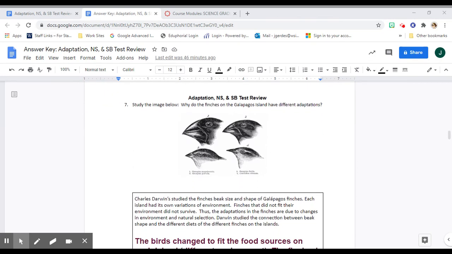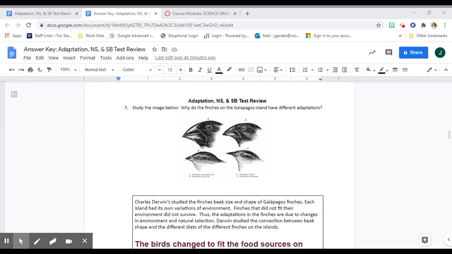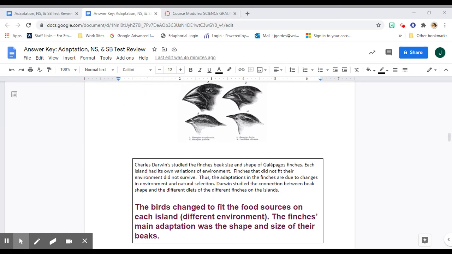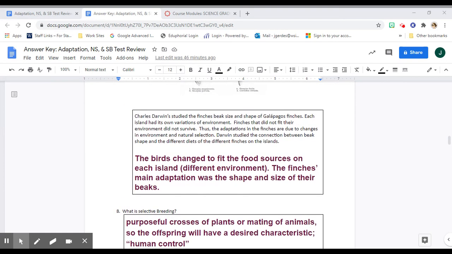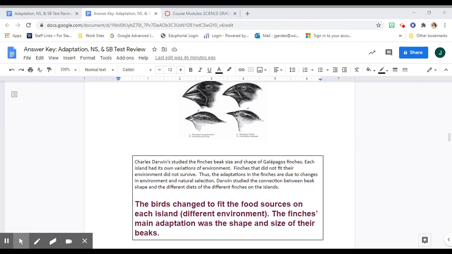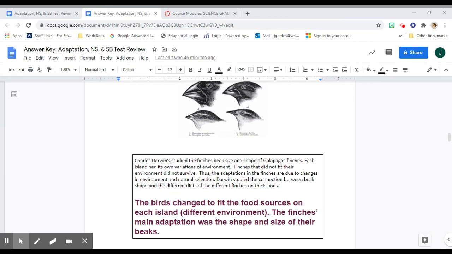Number 7, study the image below. Why do the finches on the Galapagos Islands have different adaptations? Okay, so I included some information here that you obviously do not need to have, but I wanted to go over and make sure we're really clear. Remember, Charles Darwin studied the finches, and he looked at the beak size and the shape of the Galapagos finches.